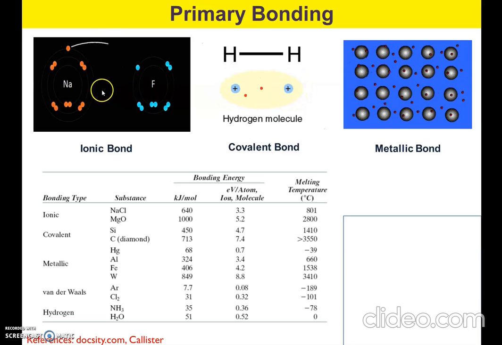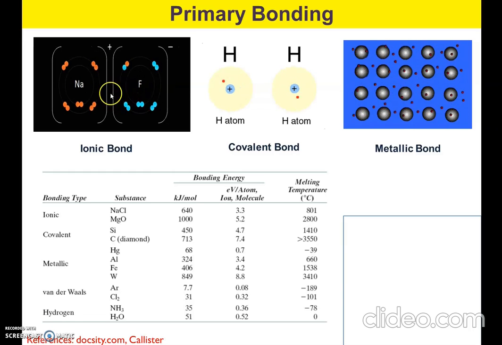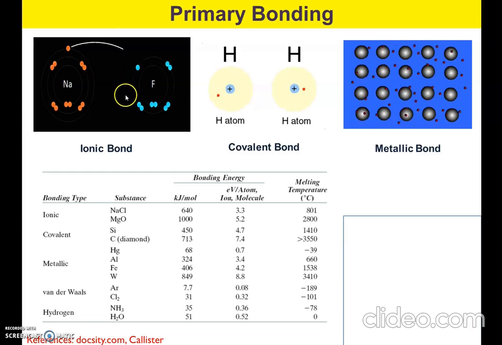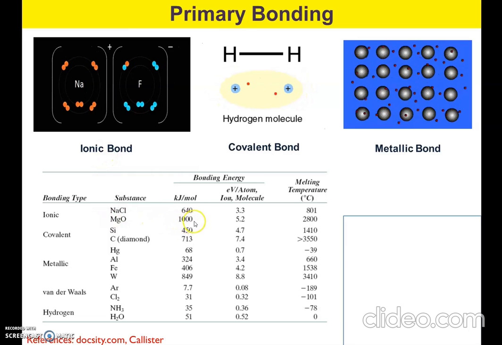A bond is formed, and this is a non-directional bond. These bonding energies are quite high in ionic bonding, as you can see from here.